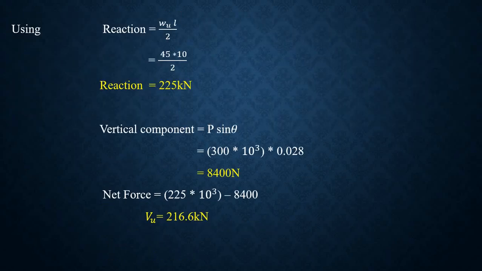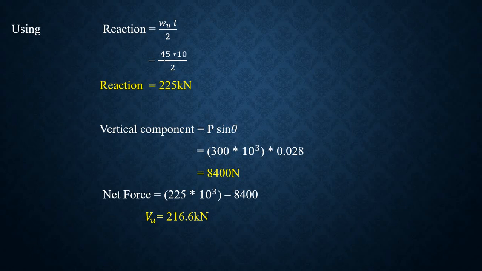So let's see the next slide. Next, reaction is equal to WL by 2. This is the formula for a simply supported beam carrying a UDL. But you can observe the WU value: instead of 30, I have considered it as 45.